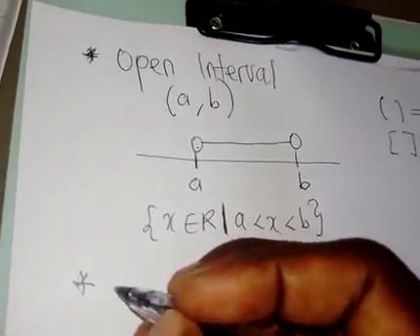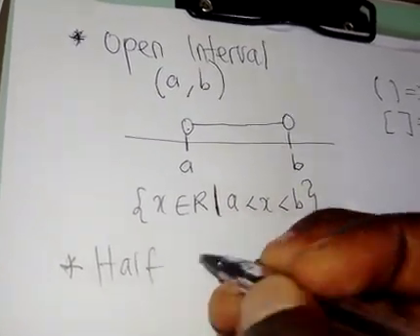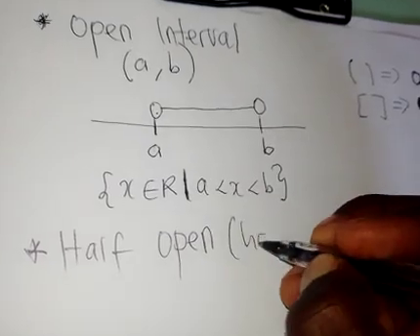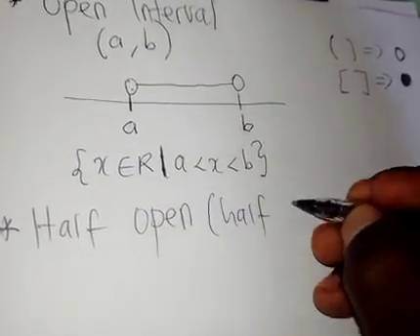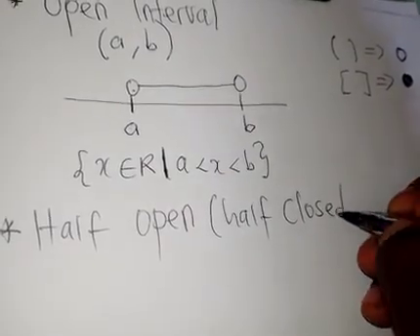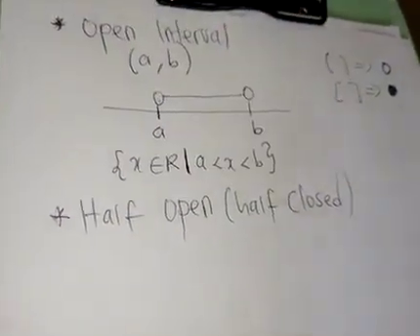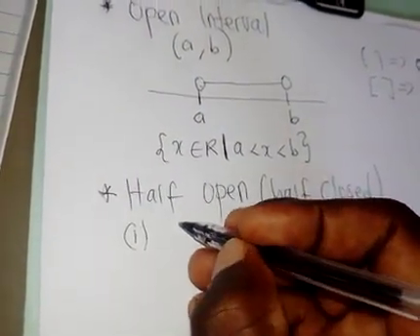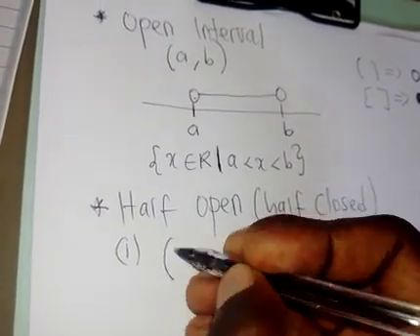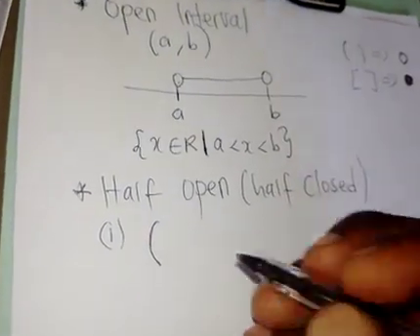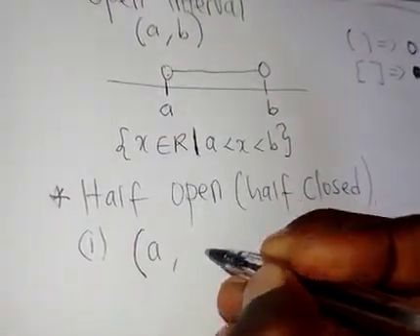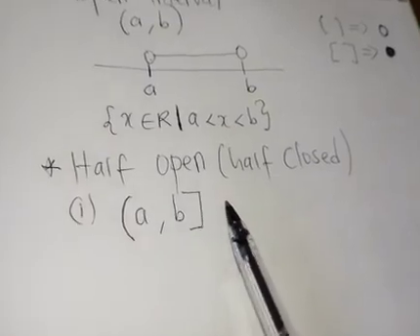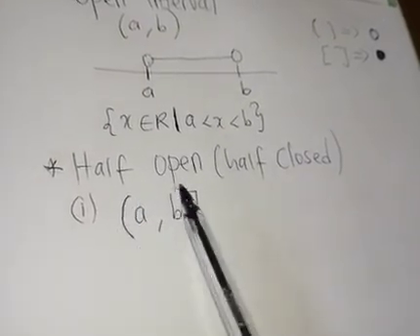Then you also have a half open interval, or half closed. Let's say you have started with a round bracket like that, A. Then for B, use a square bracket, meaning this side is open, this side is closed.